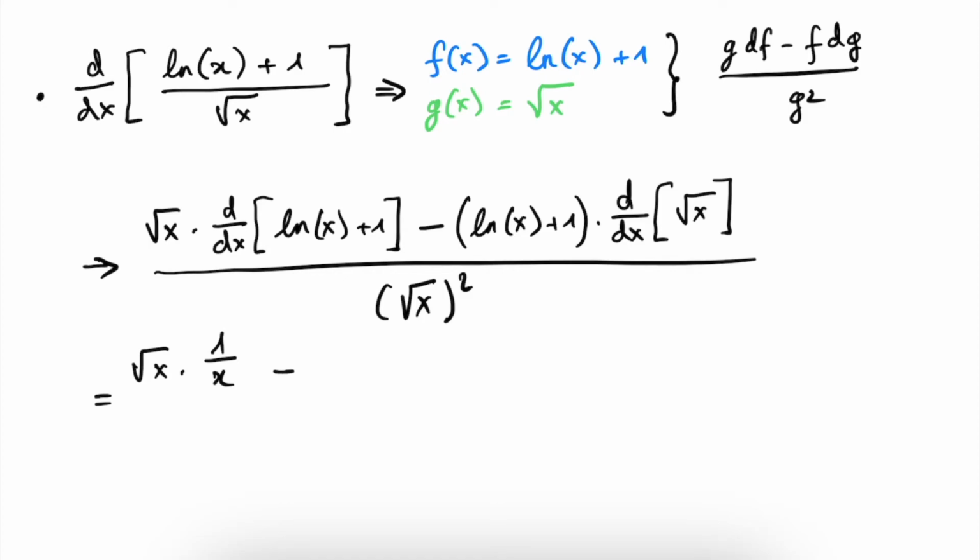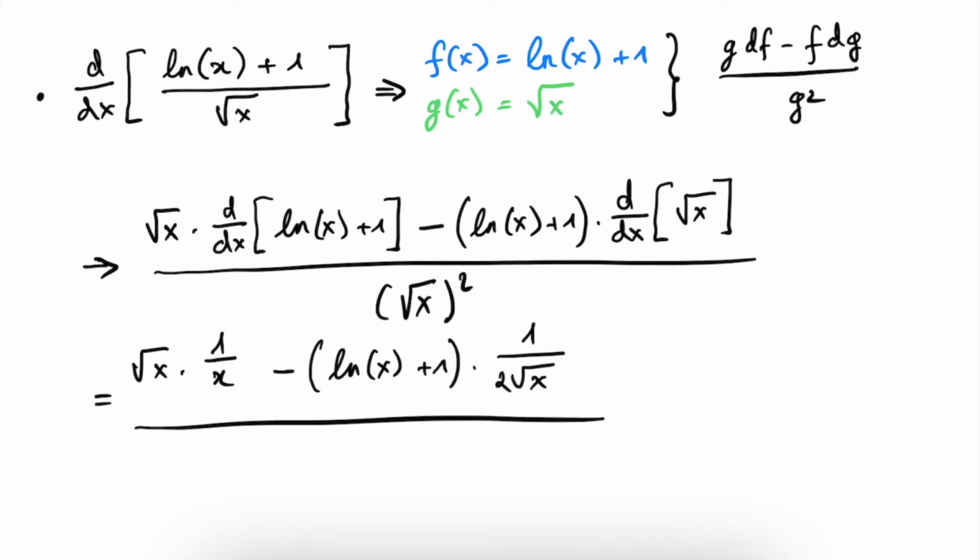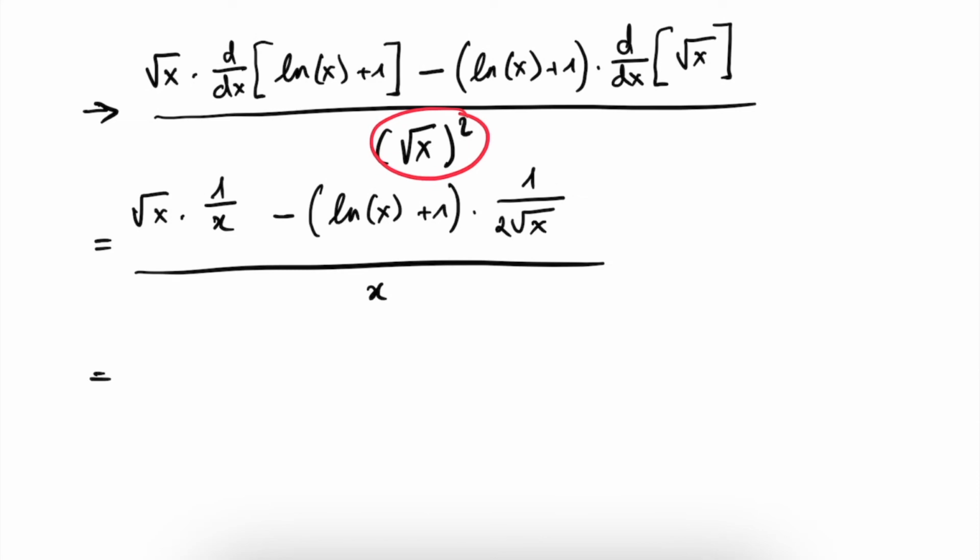Minus, now we get to this term, so we get minus ln of x plus 1 times the derivative of square root of x, which is simply 1 over 2 times the square root of x. And we divide this all by x, because we knew that the square root of x to the power of 2 is just x. So our derivatives part is over.